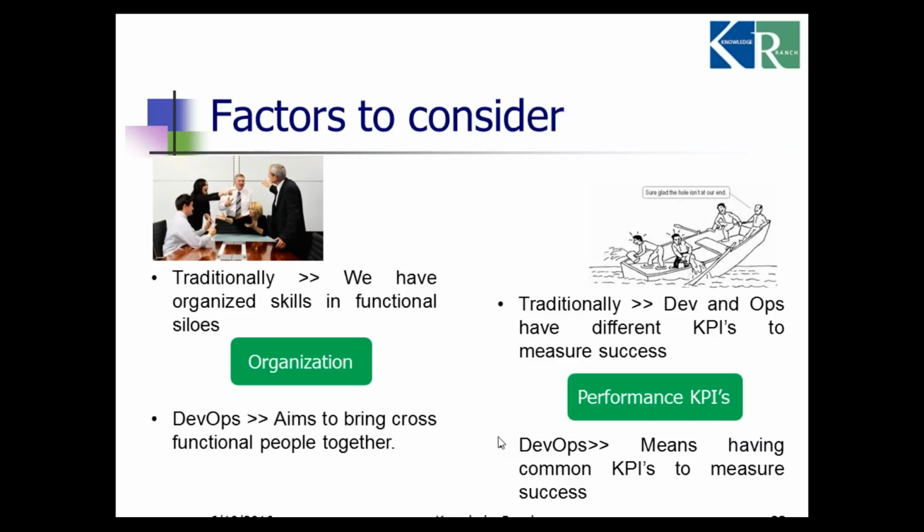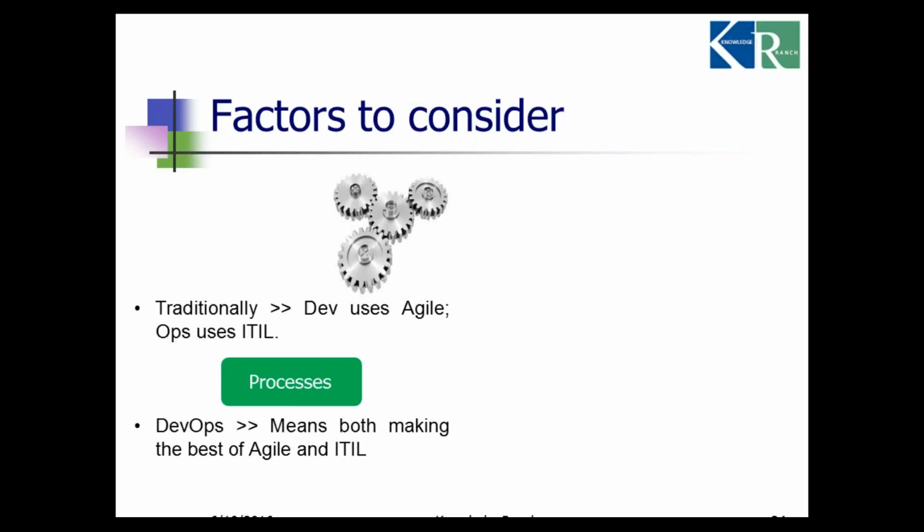We have to agree that the way different teams are measured is different, and we don't have a common way of measuring success. That's what DevOps addresses: having common KPIs to measure success, from an end-to-end perspective, not 'I just delivered it over to you and then I'm successful.' That's not the way, so that's something we need to contend with.